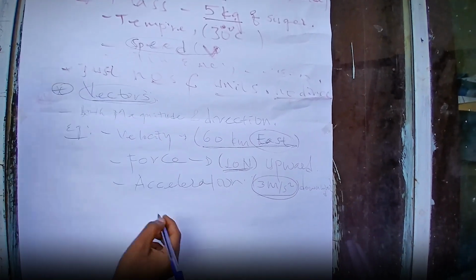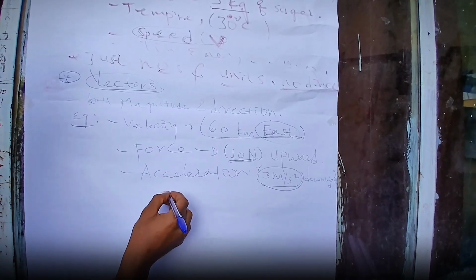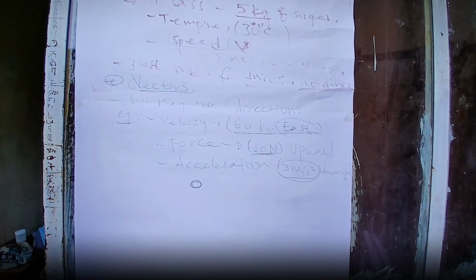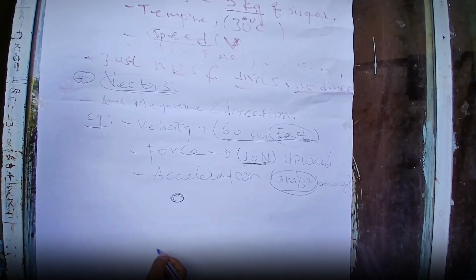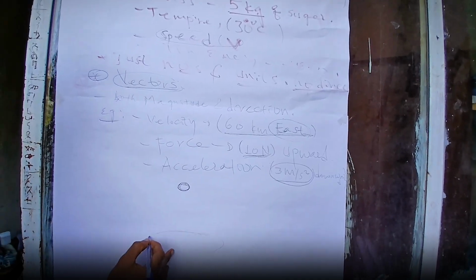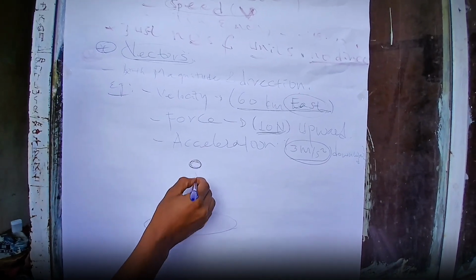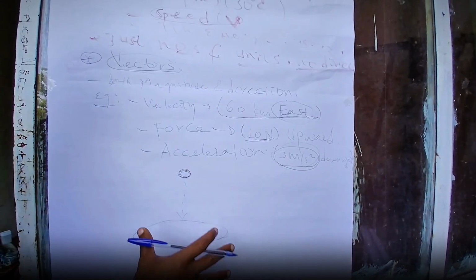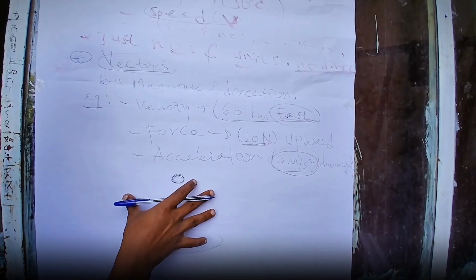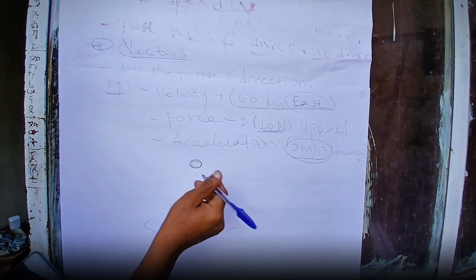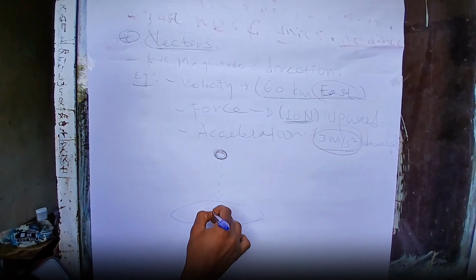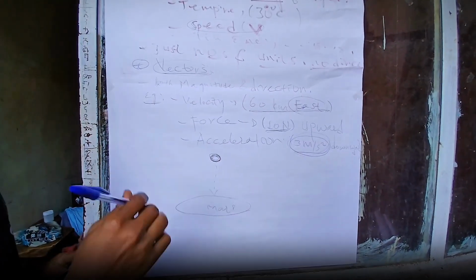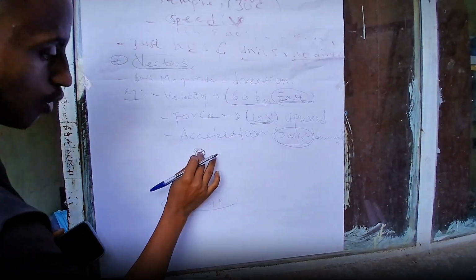This means something thrown from above. Let's say it is on the planet Mars. Here is the ground of Mars. Then someone drops something with this acceleration. Let's consider no air resistance here.